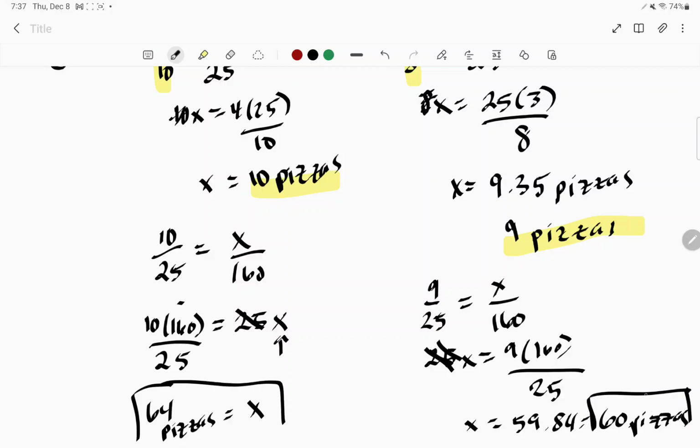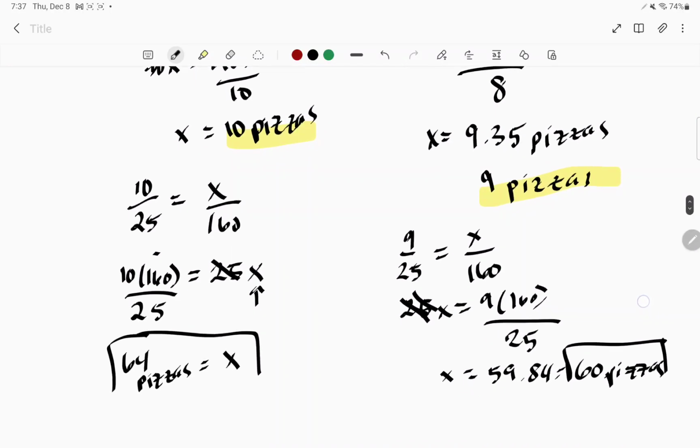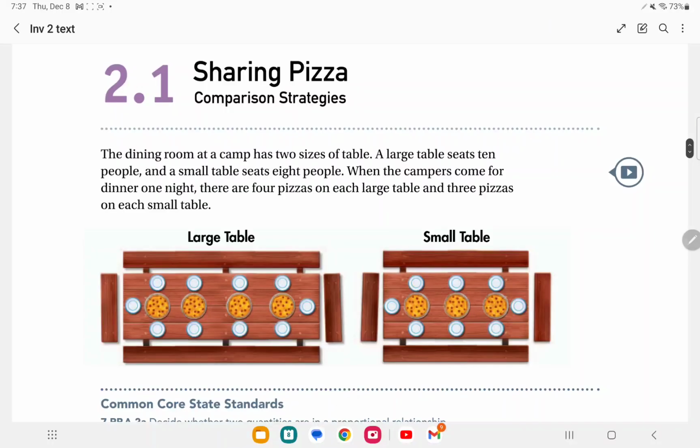So if you have campers that are more likely to eat 9 pizzas per 25 kids, then you would get 60 pizzas. But if they're eating 10 for every 25 kids, you would order 64. Okay, that is all that I have for 2.1 sharing pizza comparison strategies.